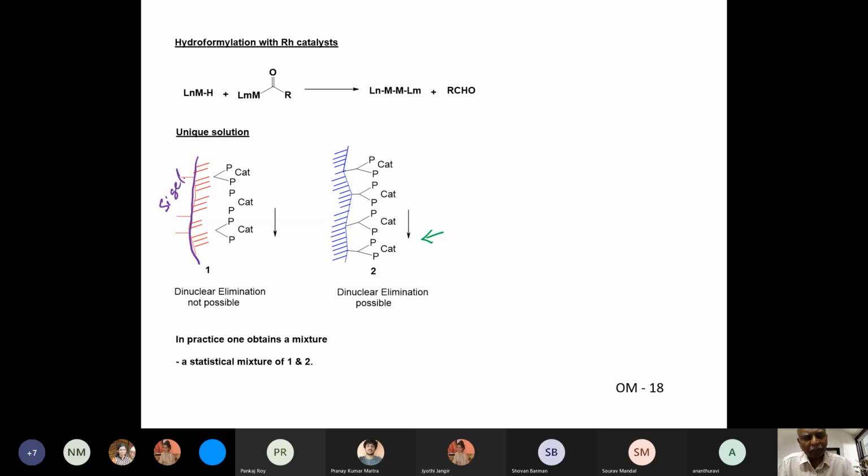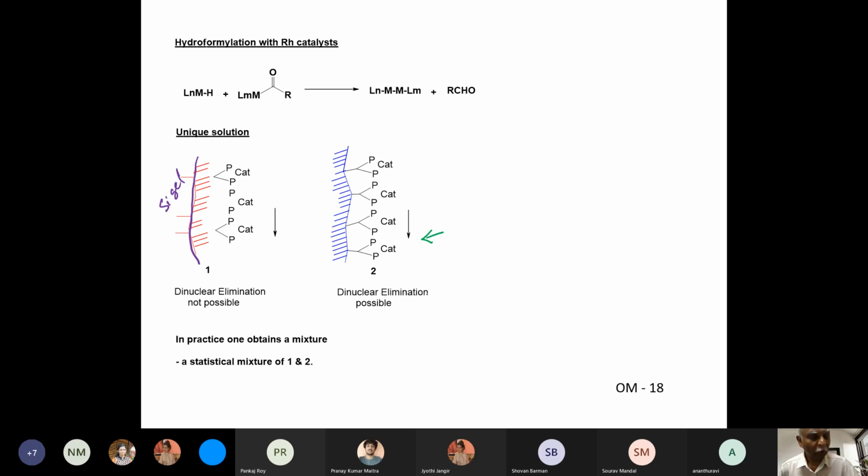So if dinuclear species are required, then I can prevent it by fixing it on a polymer substrate. So this is a polymer, this is actually silica gel. He did the experiment with silica gel, and he loaded the complexes on a silica gel framework. Ordinary silica gel is good enough. You can functionalize it with phosphines, and the complex was loaded onto the surface of the silica gel.